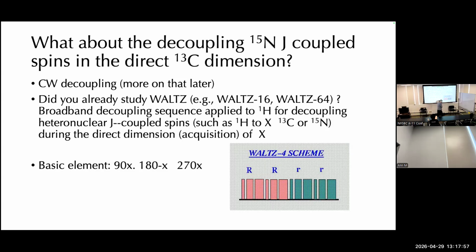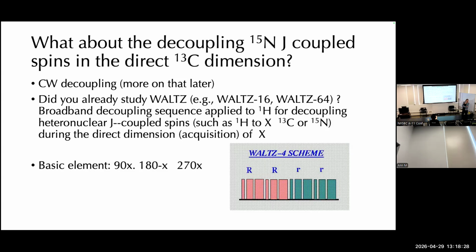She says in her patronizing way. So this is a sequence from A.J. Shaka when he was in Oxford, I think. And it's a low power way of doing a really good job of decoupling the J-coupled spins.